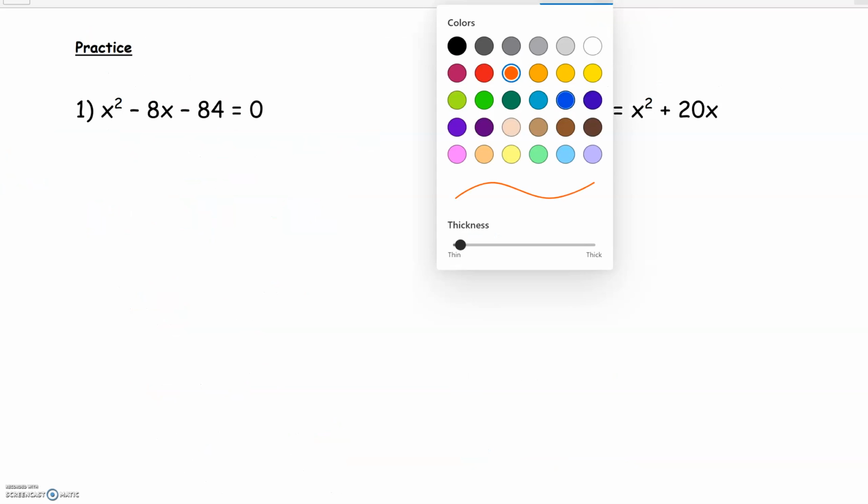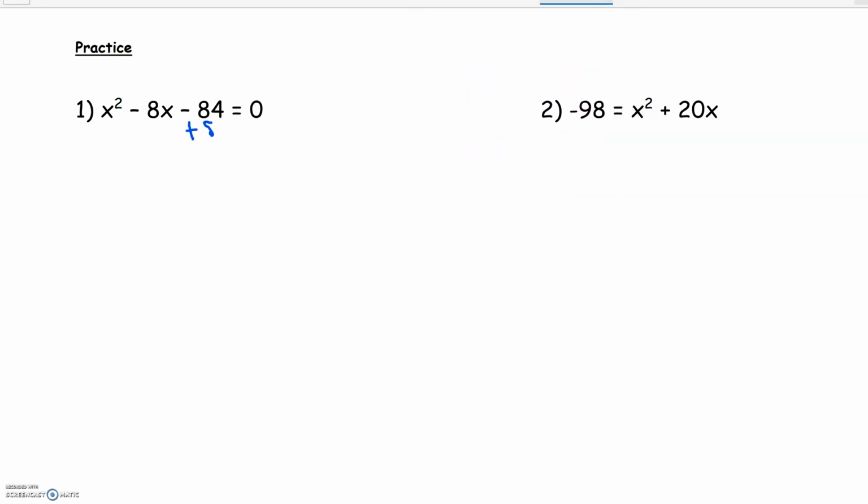So on this one, I need to make room for a magical number. So let's add 84 to both sides, get that space open for our magic number here that's going to help us be able to factor. So we're going to take our b divided by 2 and square it, and that is going to give me 16.